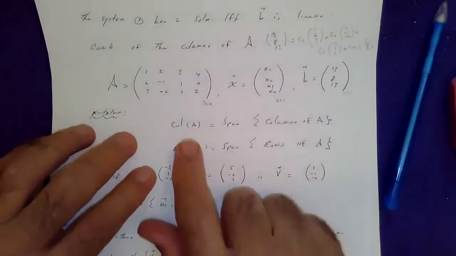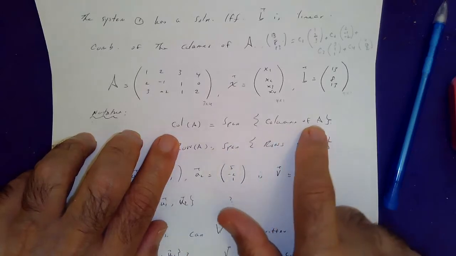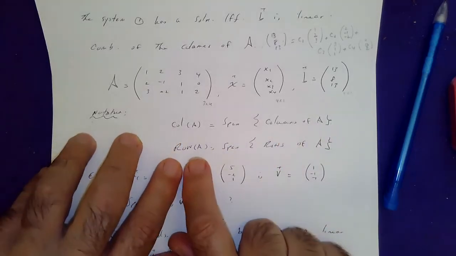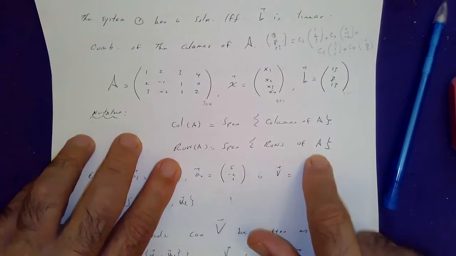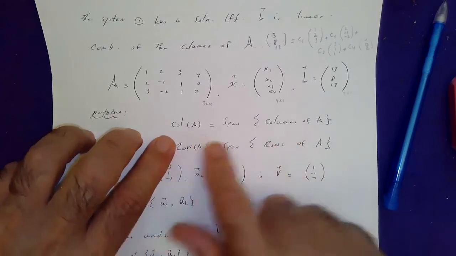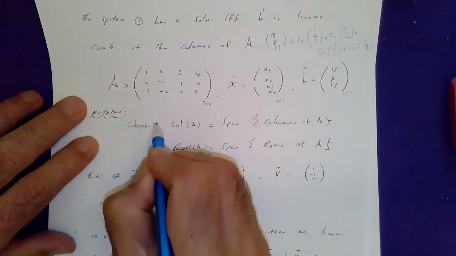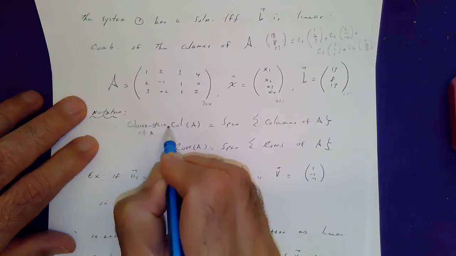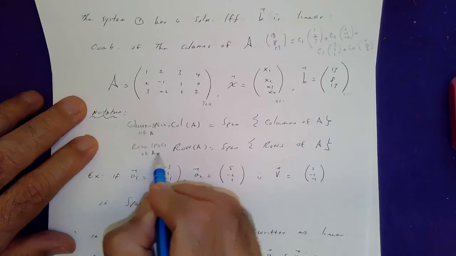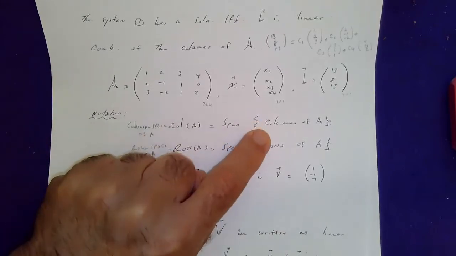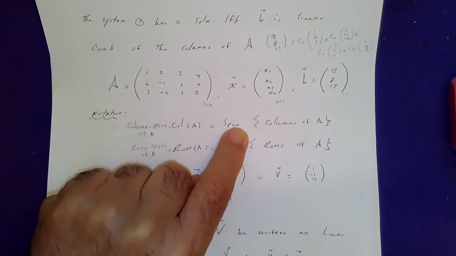Speaking of columns of A, we have the column space of A, which means all linear combinations of columns of A. The row space of A means all linear combinations of rows of A. So this is called the column space of A, and this is called the row space of A. Column space is all linear combinations of columns of A, that means the spanning set.